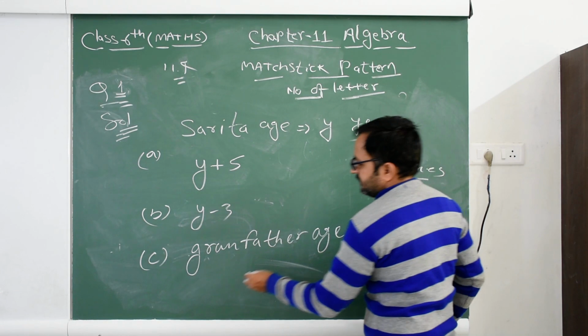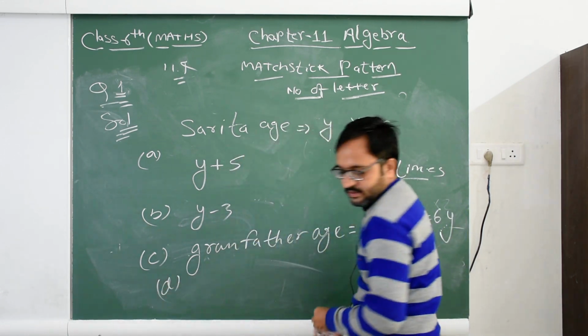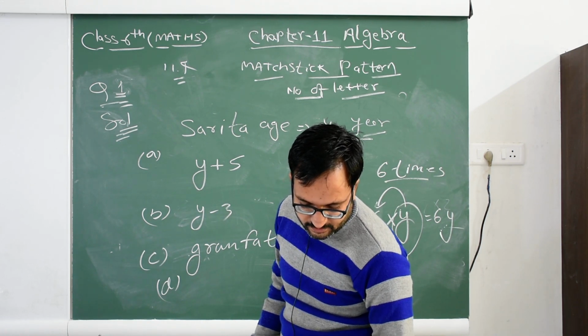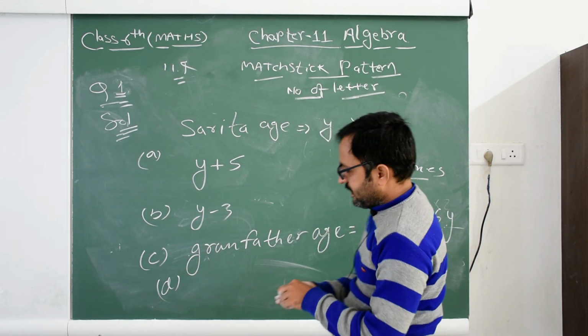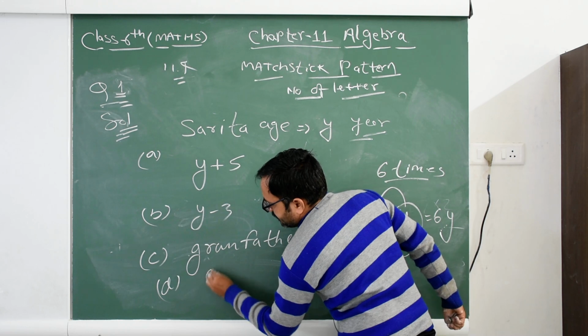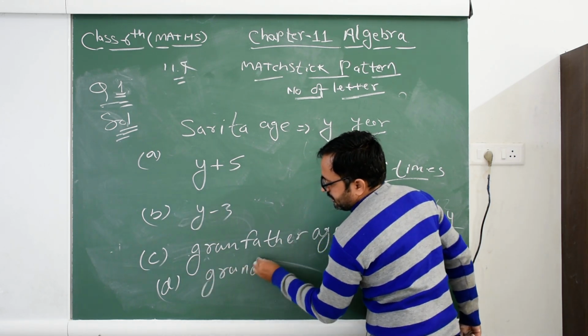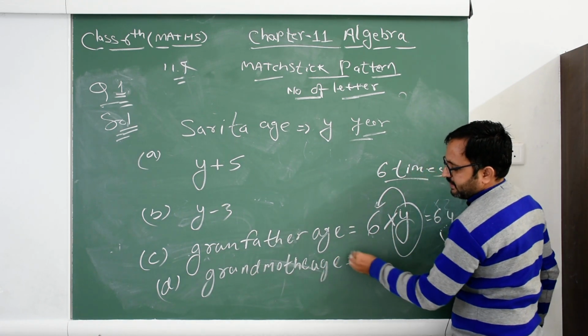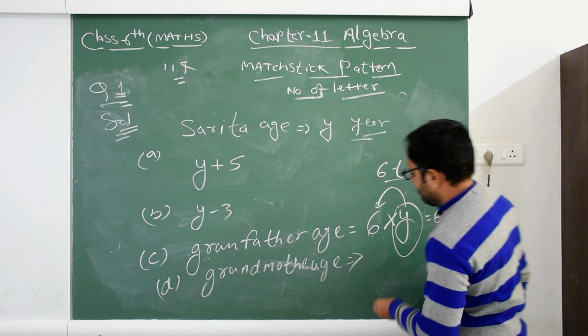Now the fourth part, that means D part. D part is grandmother is 2 years younger than grandfather. Grandmother's age: younger means below, minus.